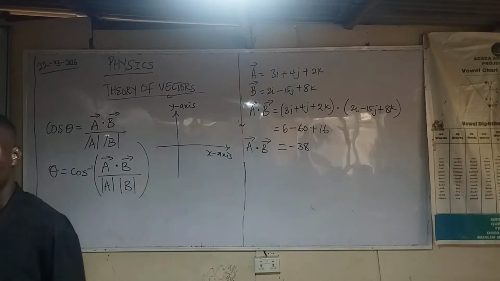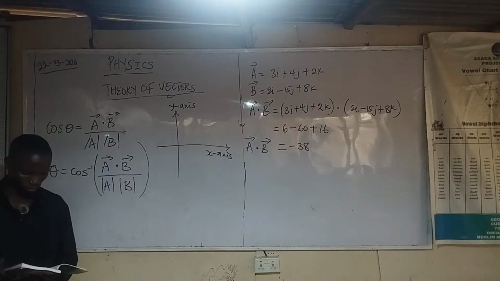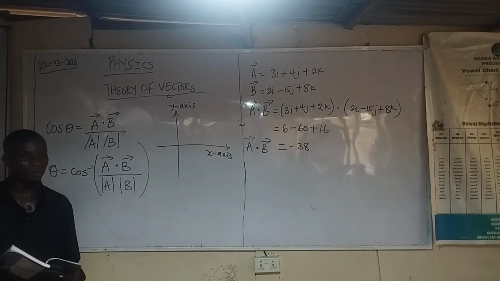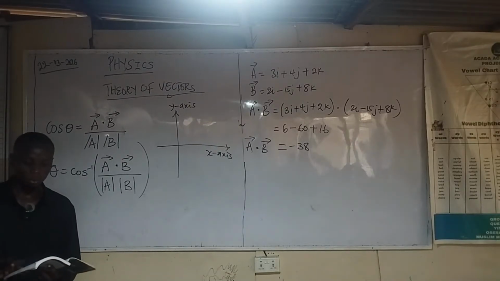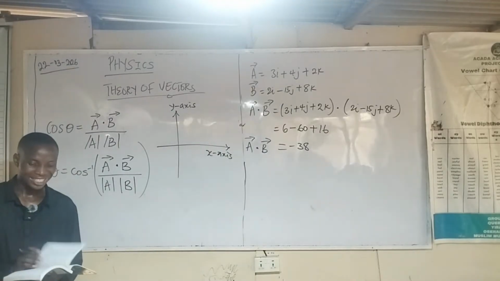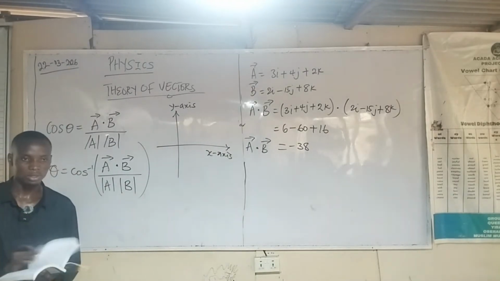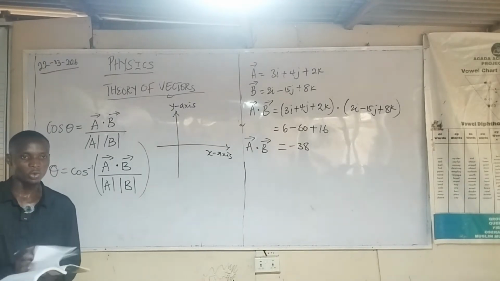So now let's take a question. Find the angle. Next class, we'll be moving straight to resolution of vectors. There are so many other things I can still teach you, but let's not bore ourselves with that. Let's move to the crux of the matter.